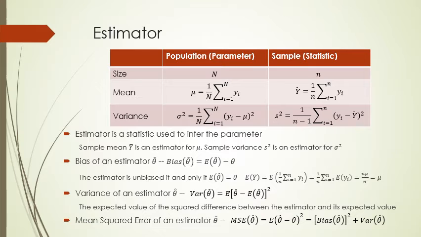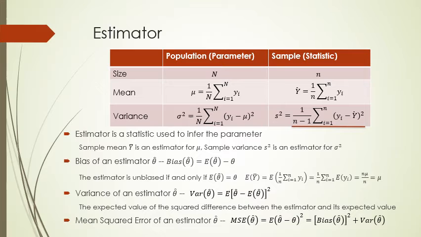Let us not dig into the formula of the sample variance now. We will do it later. We need to introduce an important concept here, estimator. Estimator is a statistic used to infer the parameter.